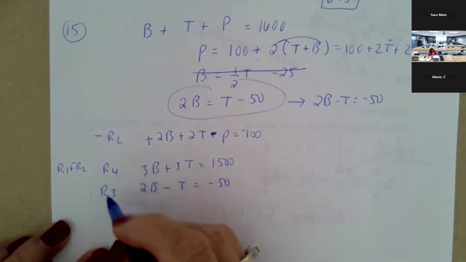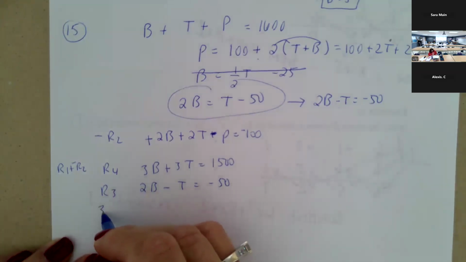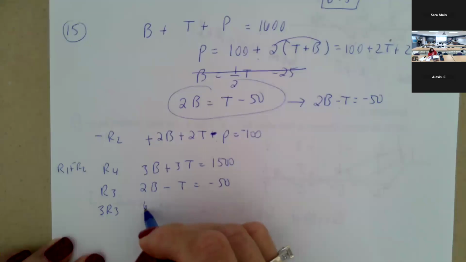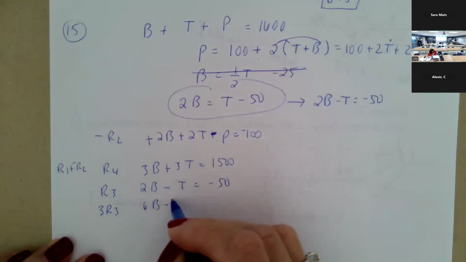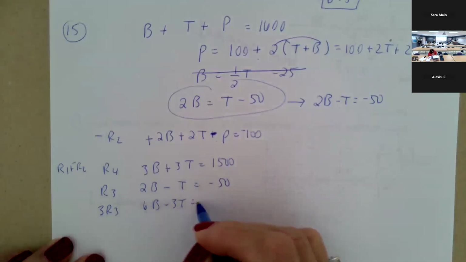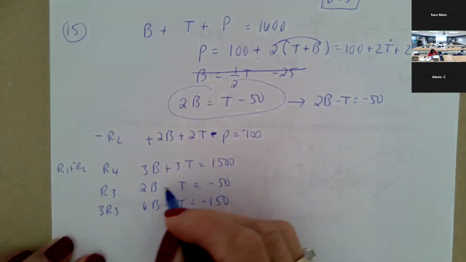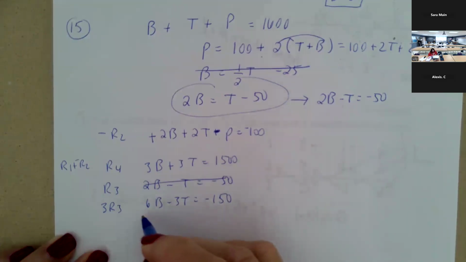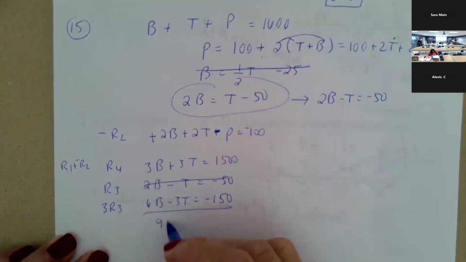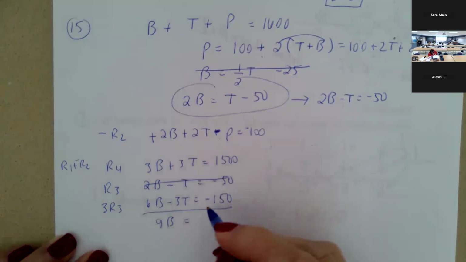If I multiply row 3 by 3, I can eliminate t. So I'll have 6b minus 3t equals negative 150. So when I add them, I get 9b, the t's cancel, and then I have 1350.